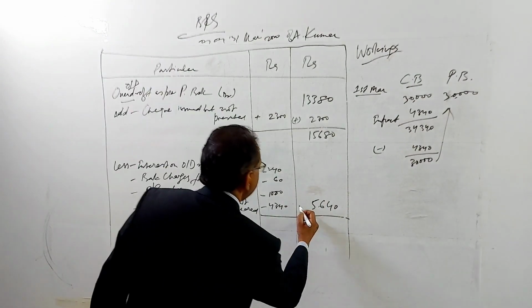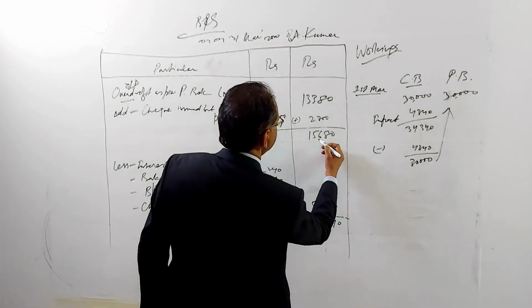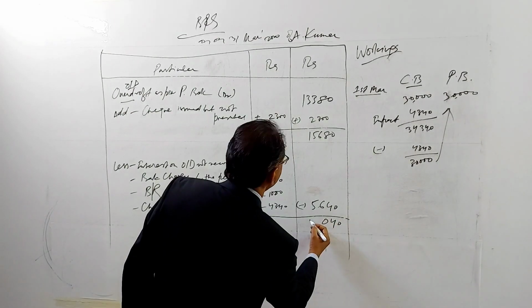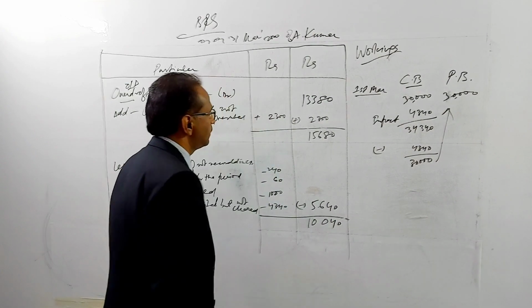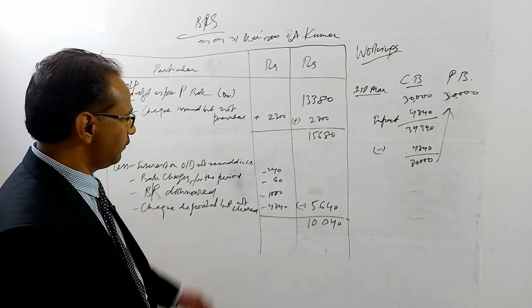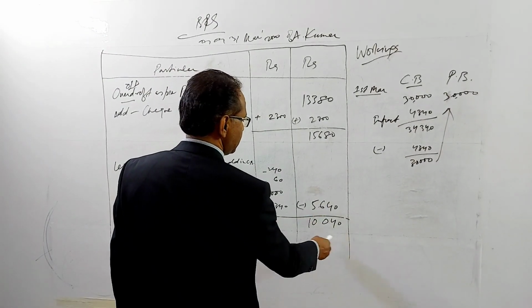Yes. So this will be minus 80 40 6 minus 6 0. Yes. 10,040. Fine. 15,680 minus 5,640 is 10,040.